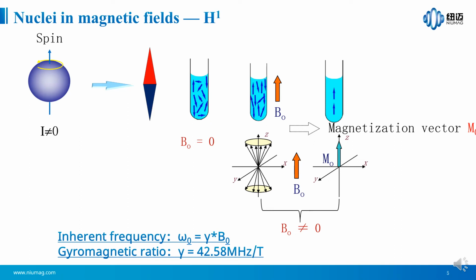For example, the gyromagnetic ratio of hydrogen nuclei is 42.58 megahertz per Tesla. It is equal to the Larmor frequency of hydrogen nuclei, which is 42.58 megahertz under the field intensity of 1 Tesla.